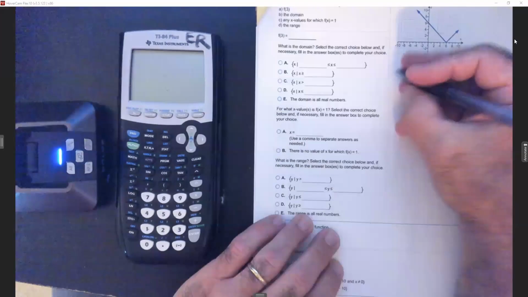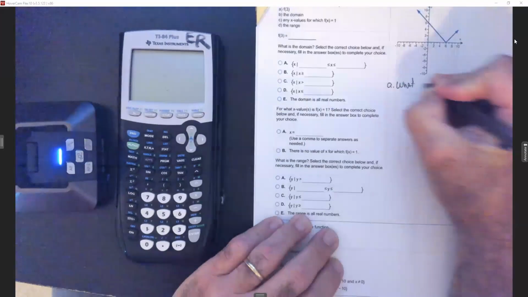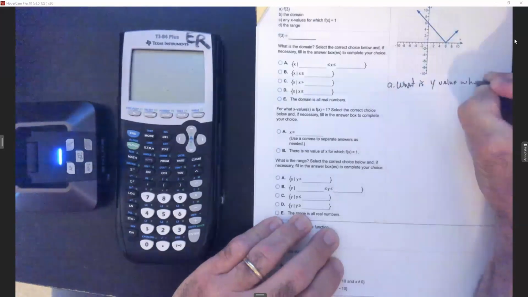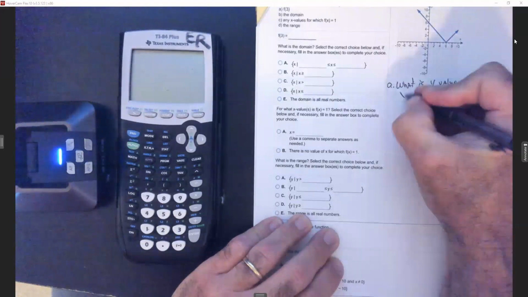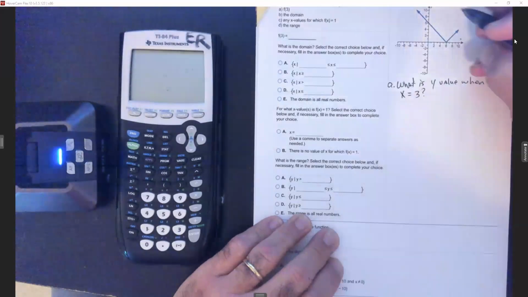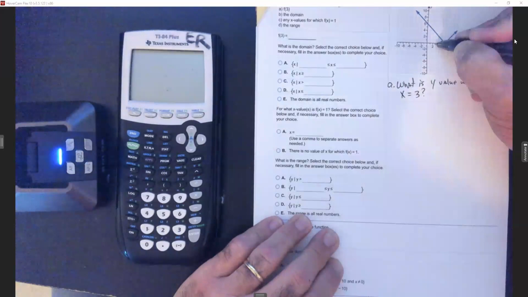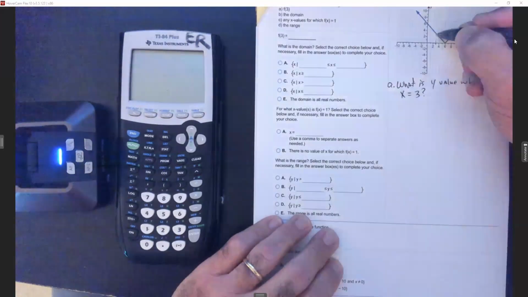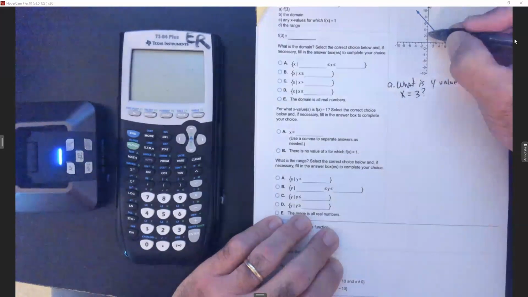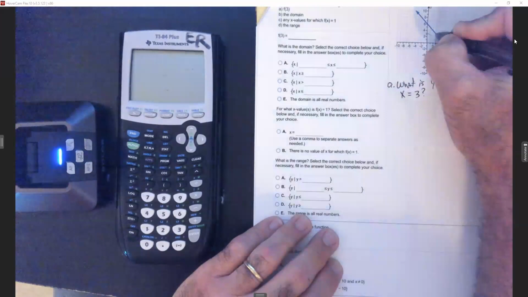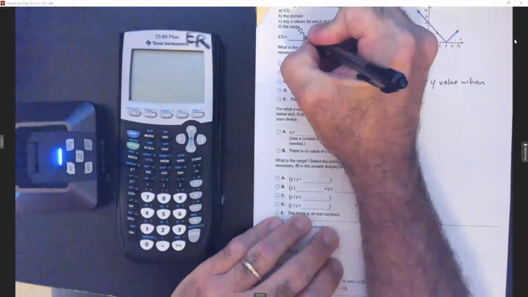What is the y value when x equals 3? Well, let's go find 3 on the x-axis. Here's 3. Go straight up, and it looks like that's intersecting at 3 on the y-axis. So f of 3 would be 3.